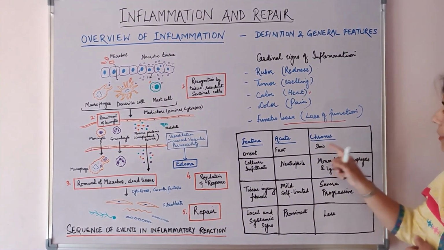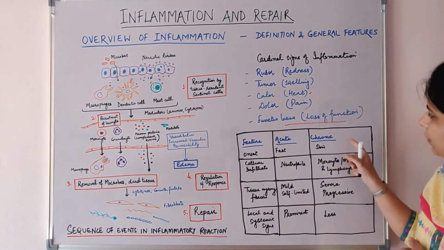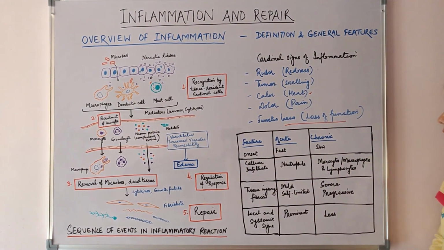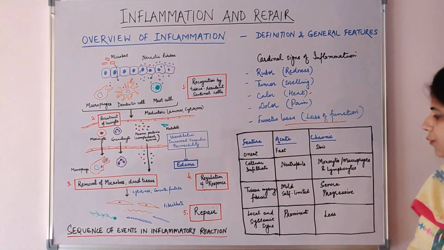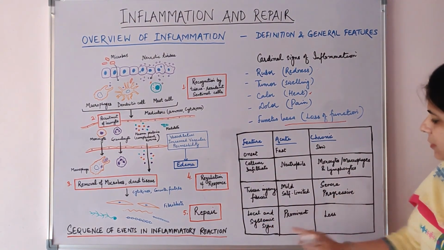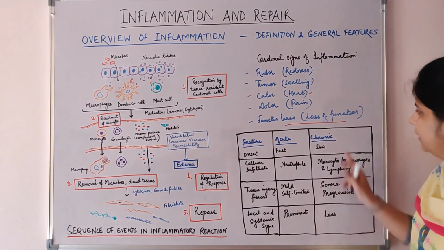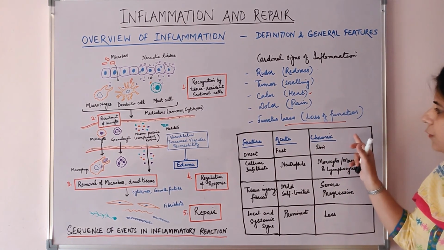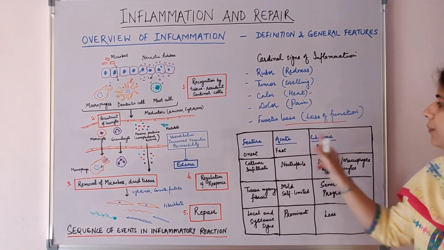In chronic inflammation, the onset is slow. It may take days to develop. The cellular infiltrate in chronic inflammation is monocytes, macrophages, and lymphocytes. Tissue injury and fibrosis are severe and progressive. The local and systemic signs are less prominent. Chronic inflammation may develop de novo, or it may follow acute inflammation.